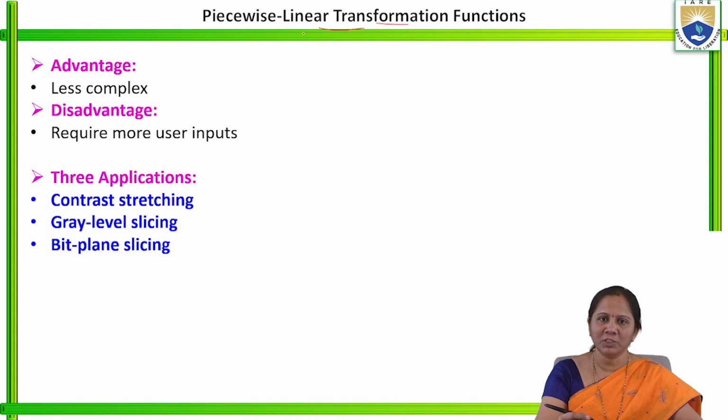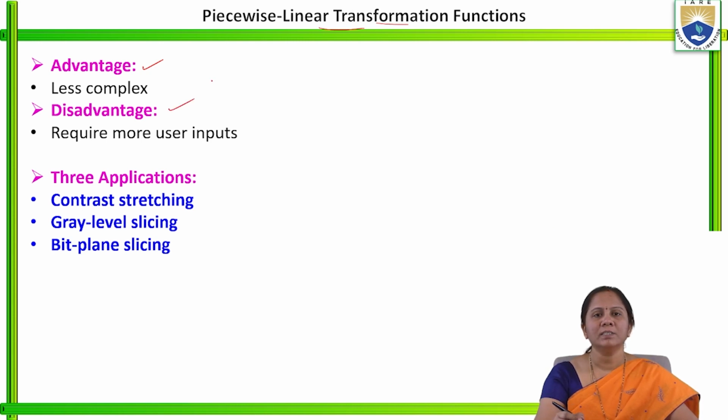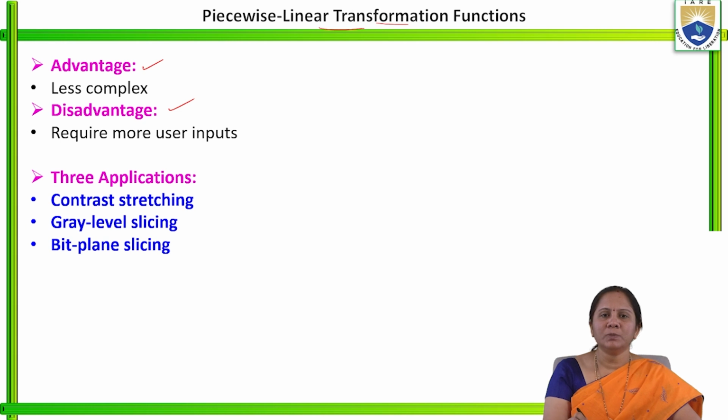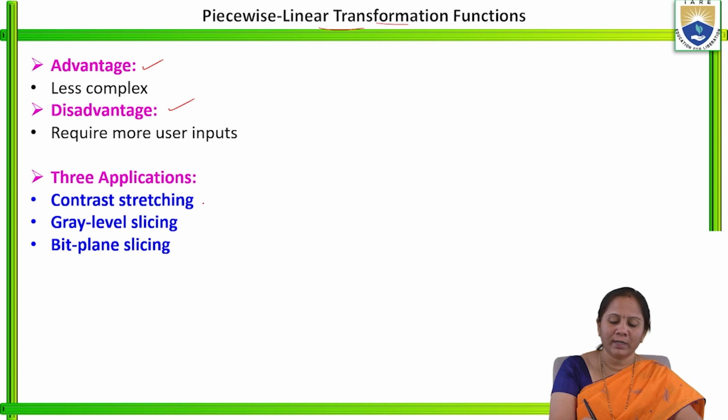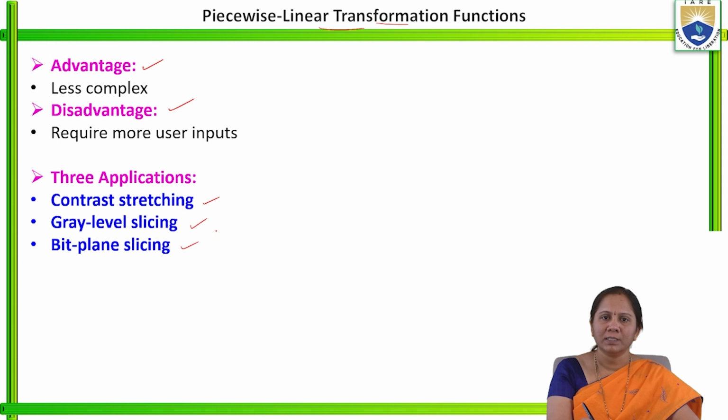The advantage is that it is less complex, and the disadvantage is that it requires more user inputs. This piecewise linear transformation function can be applied for contrast stretching, gray level slicing, or bit plane slicing.